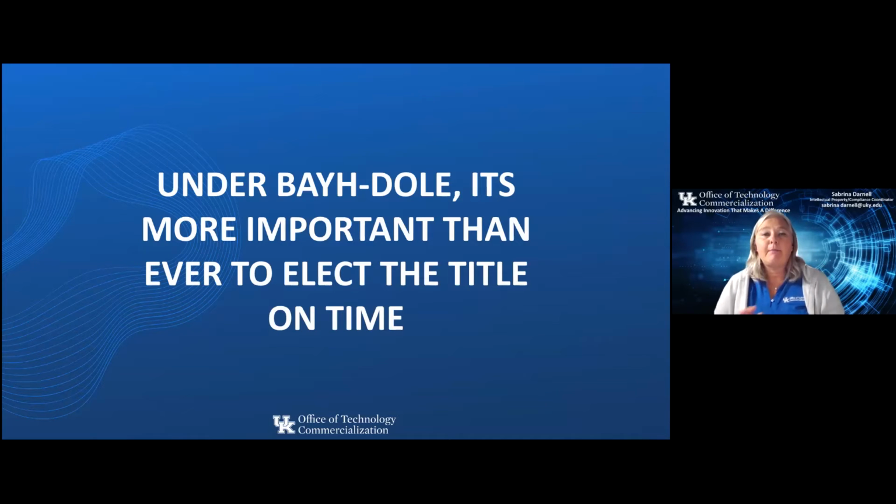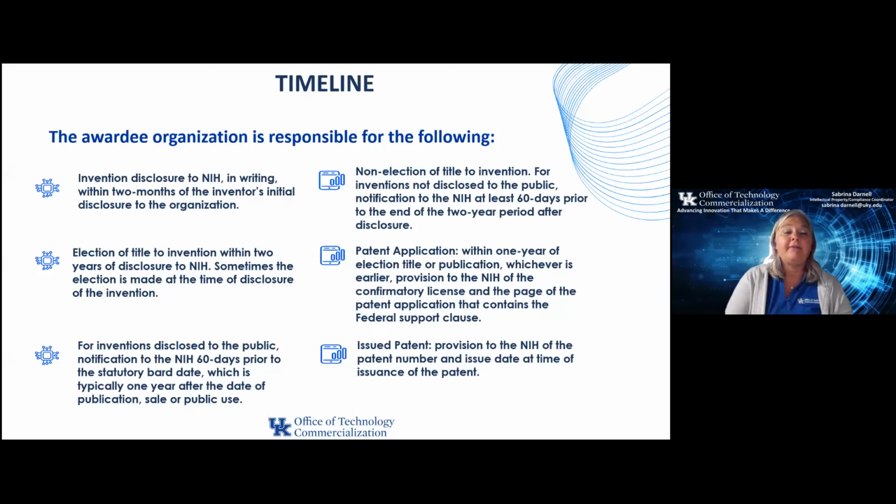So let's spend a little time on the timeline that is required. This is really not something that the inventor themselves have to worry about, but it is something that the intellectual property office does have to worry about, and we need your help to make sure that we hit these timelines.